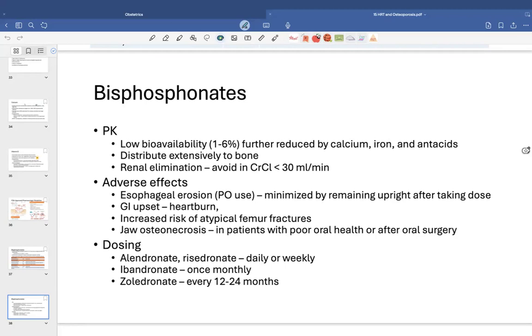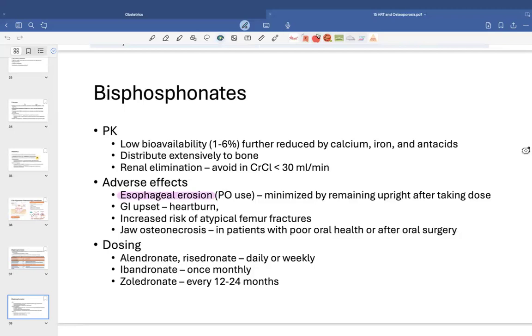One thing to know about bisphosphonates, especially when you take them by mouth, is that they cause esophageal erosions. Based on just having physical contact of the tablet, the oral dosage form, with the esophagus as it transits down the GI tract, you can get erosion of the esophagus.